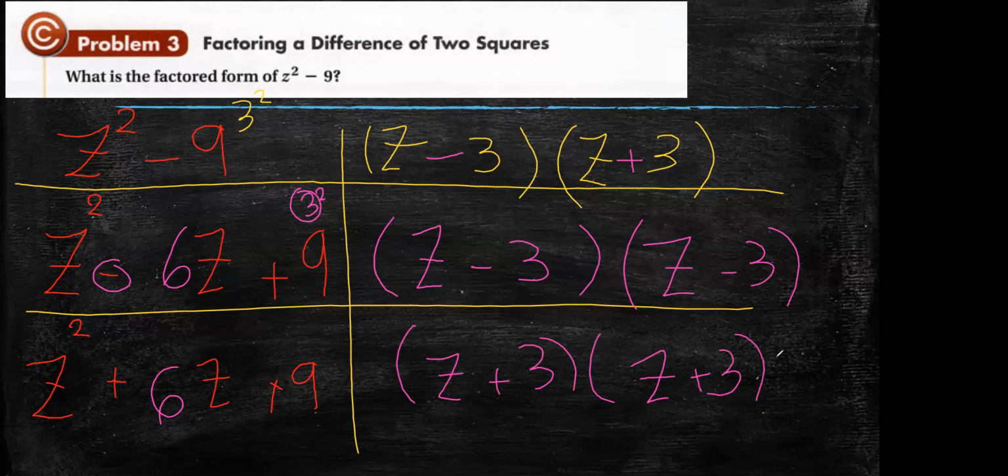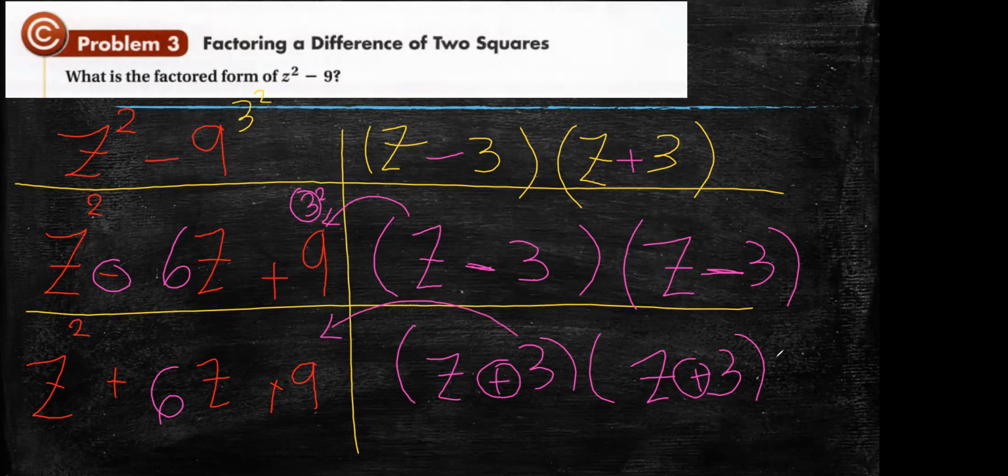So what I want to summarize from here is that if the two factors have the same sign, their product is a trinomial. If these two binomial factors are the same, it's a perfect square trinomial.